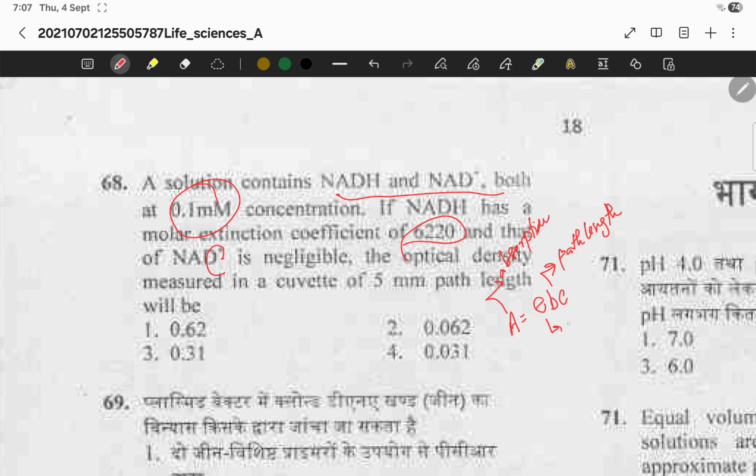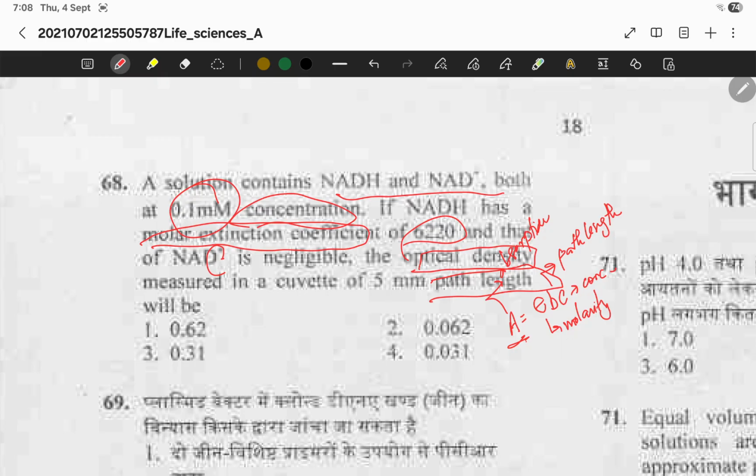This is the only formula that I have read that has path length, molar extinction coefficient and concentration. But I don't know about optical density. Maybe it is also talking about absorption but in a different manner.